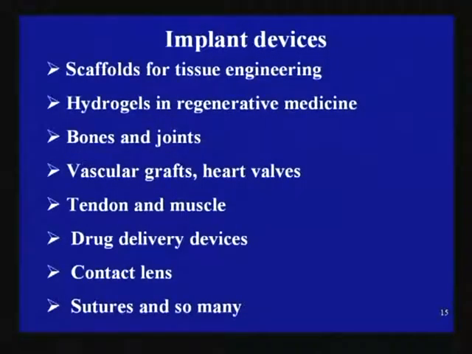Implant devices, scaffolds for tissue engineering. Now, to talk about scaffold for tissue engineering: today people are making scaffolds from nanofibers. People are making silk nanofibers. Silk is a natural fiber.